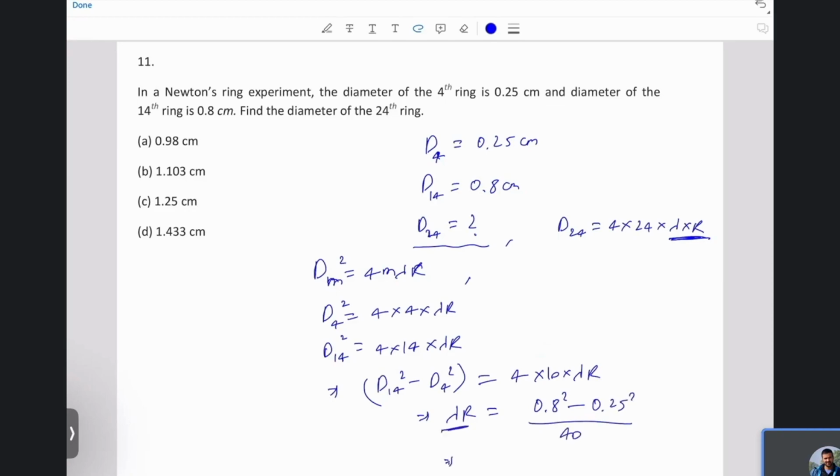So now you have the information of lambda R, you can just put it here.